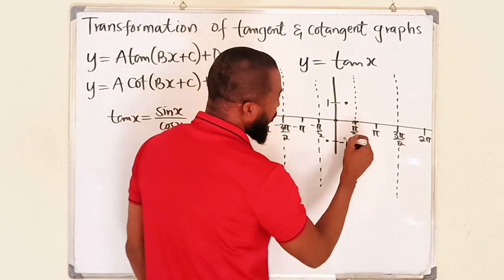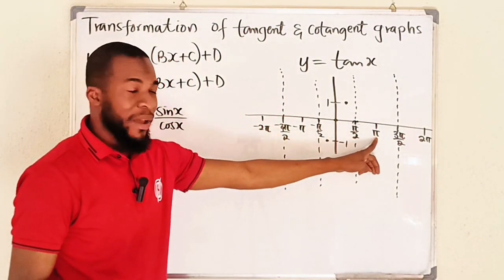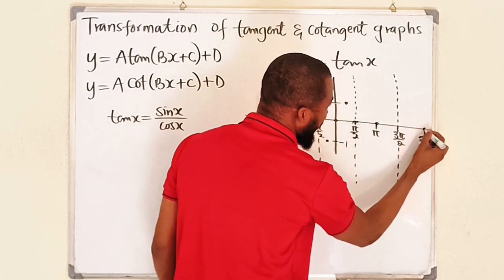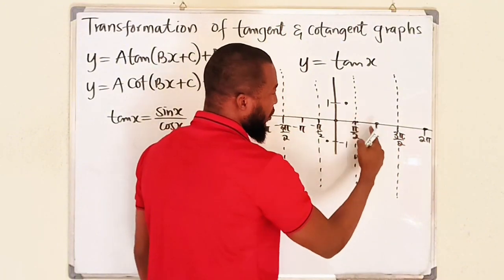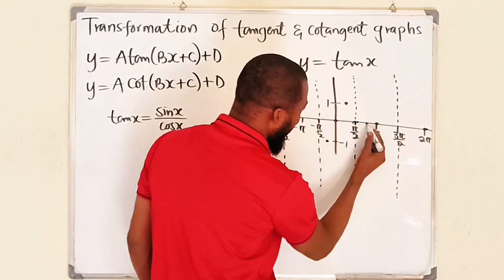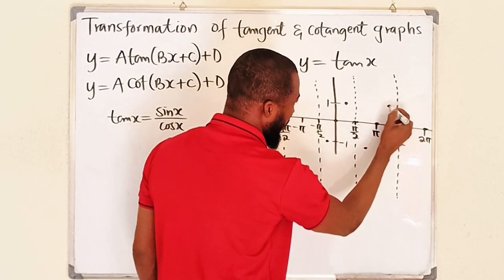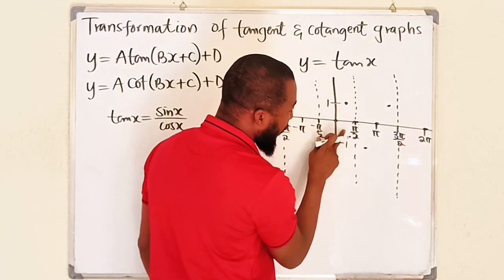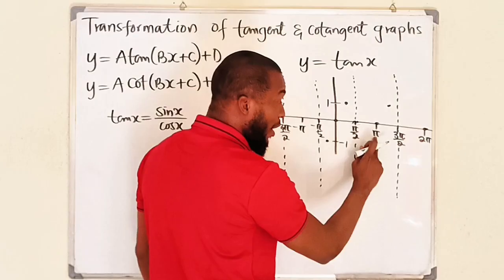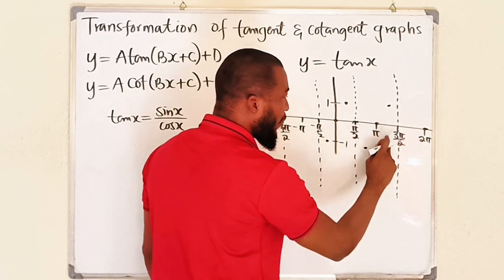So you see, this will keep on repeating. Sine is 0 here, and sine is also 0 here. But we have some points in between them, which are going to be copies of these points. If this is pi over 4, this is 2 pi over 4, this is 3 pi over 4, this is 4 pi over 4, and this is 5 pi over 4.